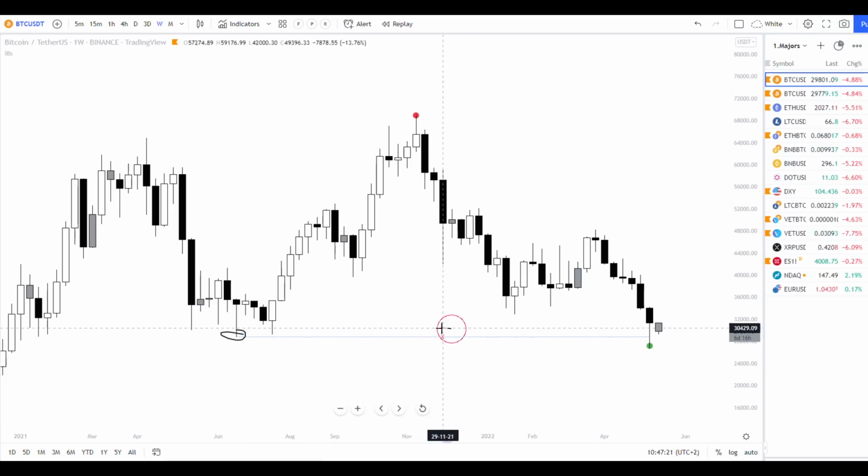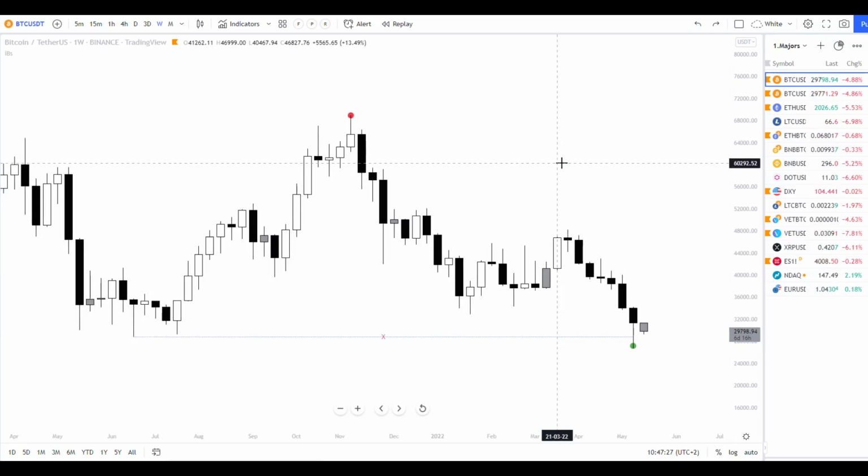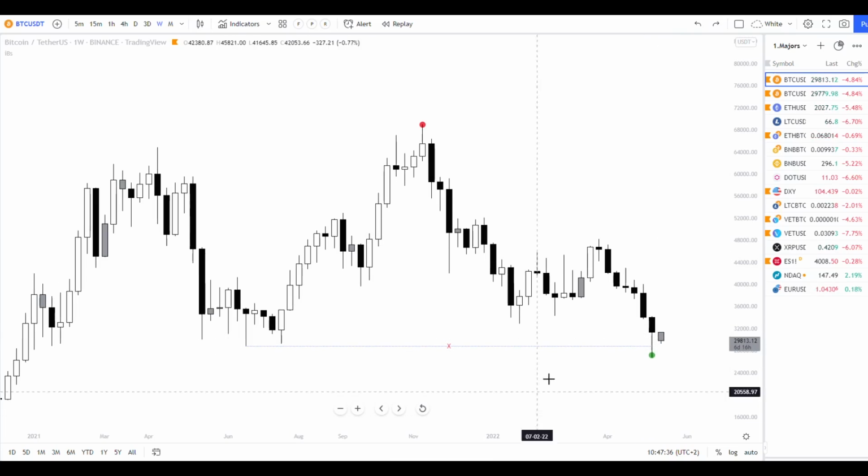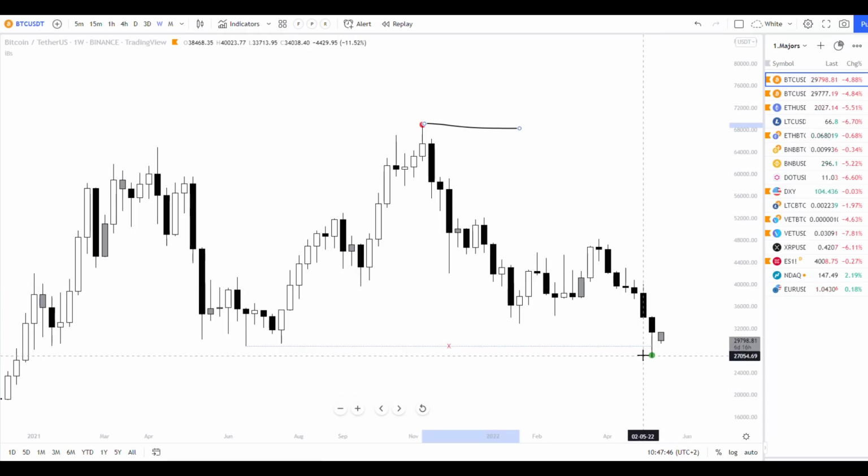For now, I do think it's a liquidity grab, and we do see some relief bounce to the upside. But on the longer term, I highly doubt if it will hold. As soon as we break below this line, then we get a break out of the structure, and I'm expecting more downside. So this is basically the range we are playing now on the weekly.